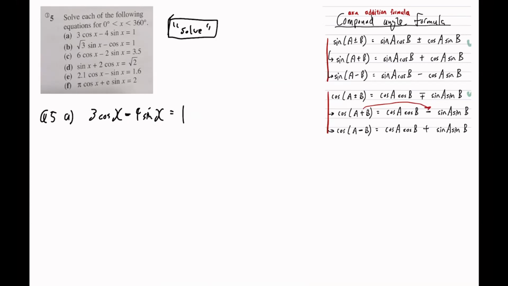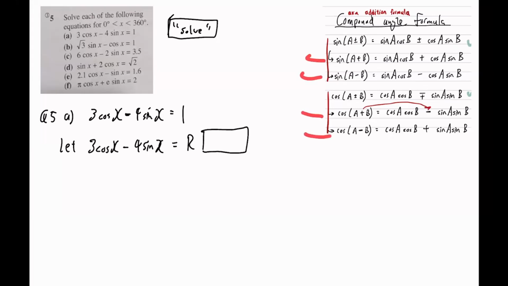Anyways, which form do you want? The procedure is: let 3 cos x minus 4 sin x, the left hand side, equal R something. Which one? Have a minus.